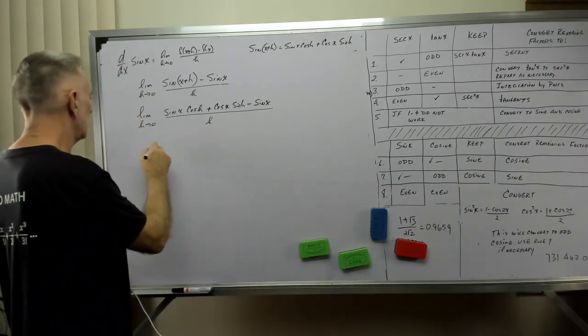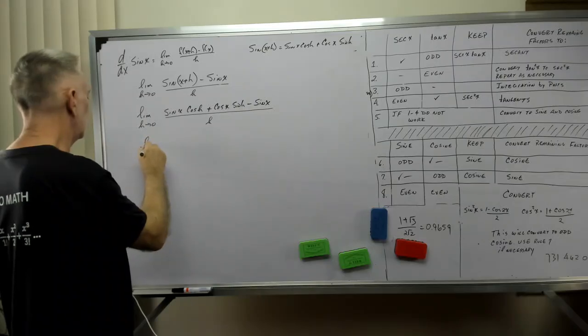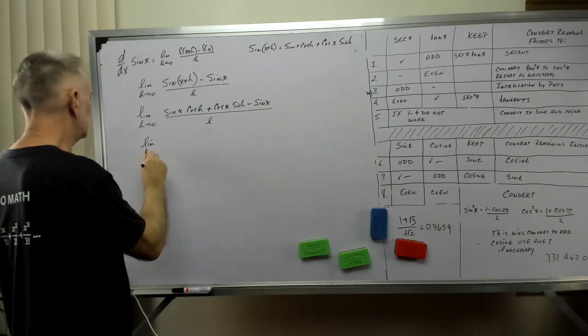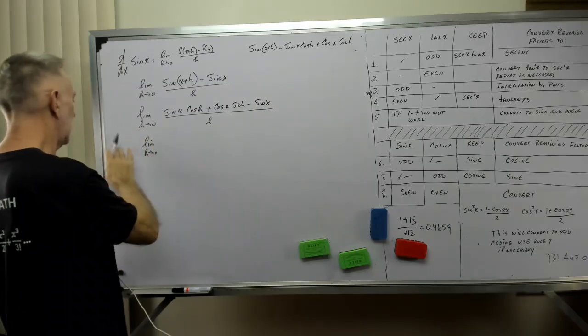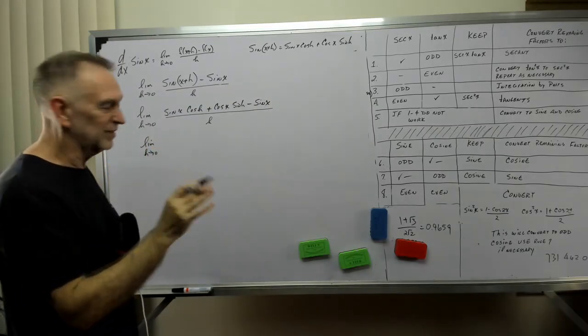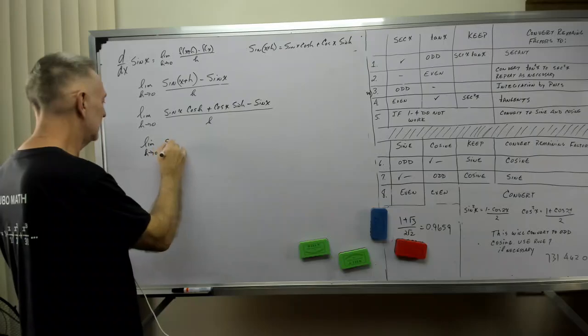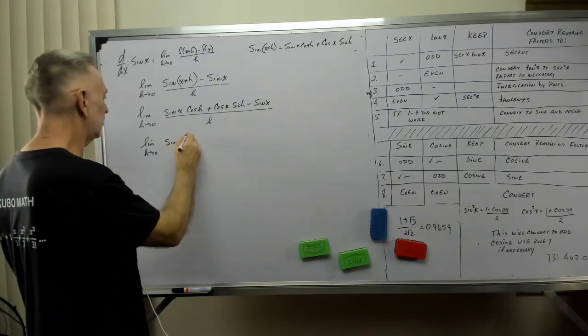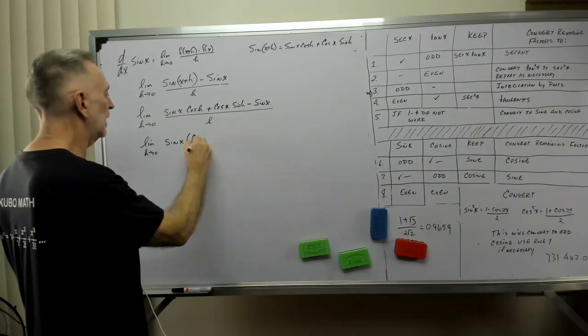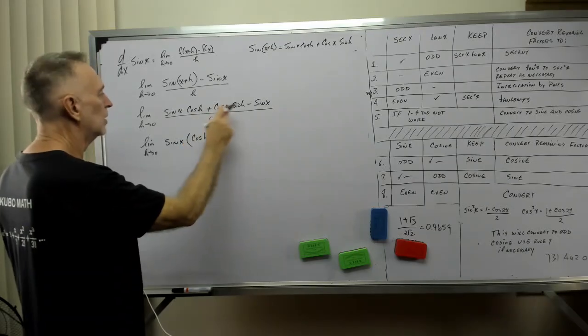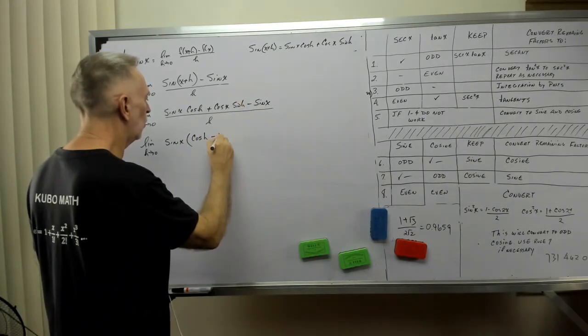So I have sine x times what? Cosine h minus 1.